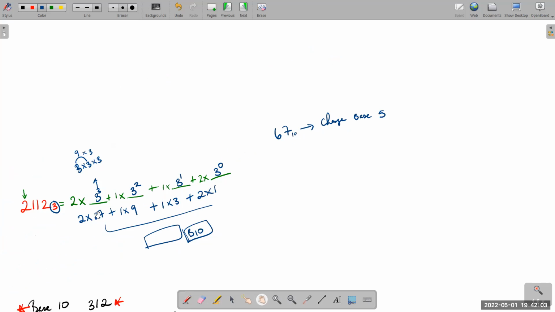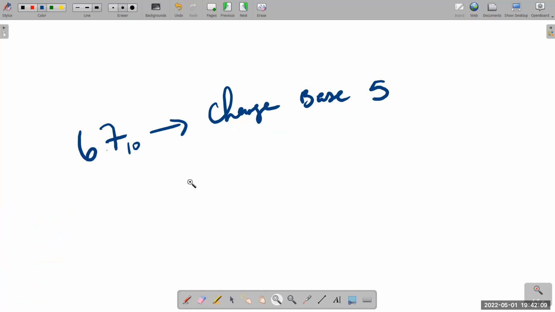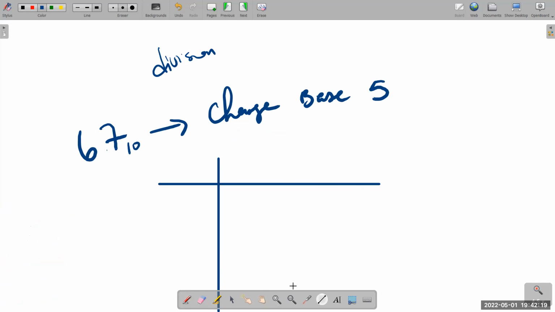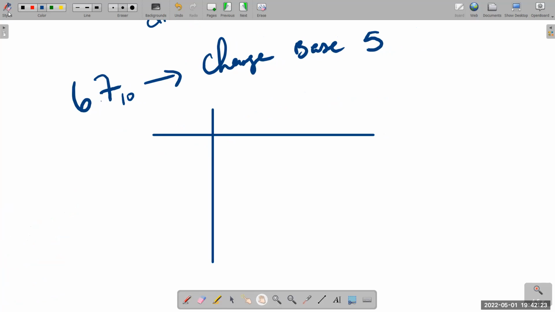If when we change into base 10 we multiply, what do you think we have to do? The opposite. The operation for this is division. So you got to draw a division table. This is a lot of work, I'm telling you now. It's not regular division. Because here, you're not looking for the regular answer when you divide.